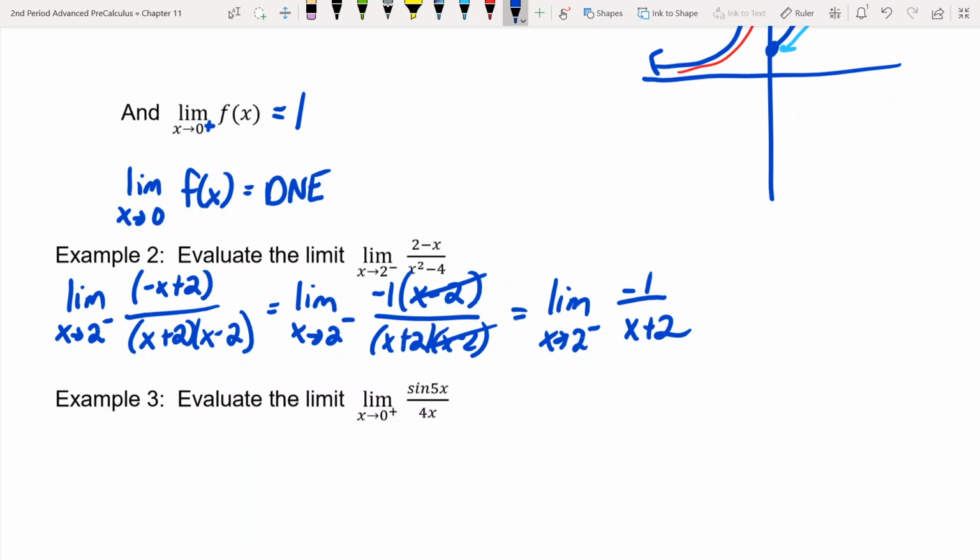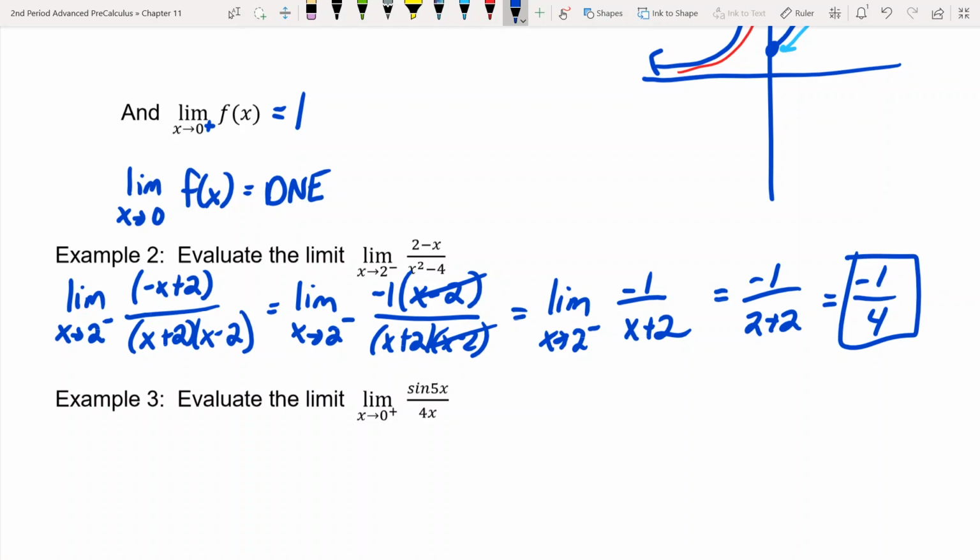So negative 1 over that is going to be really close to 4. And in essence, what we have happening here is the limit as x approaches 2 from the left is the same result as if we were to plug in a 2 to begin with. So we've got a negative 1/4.